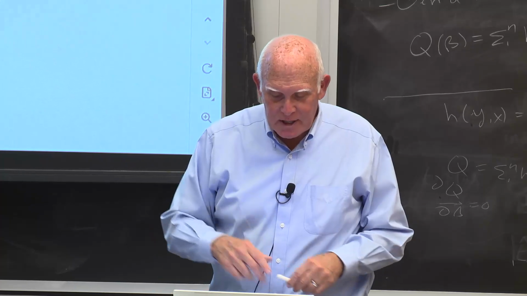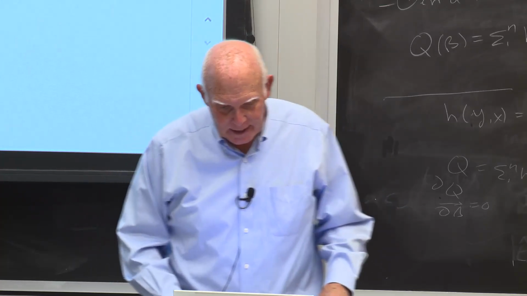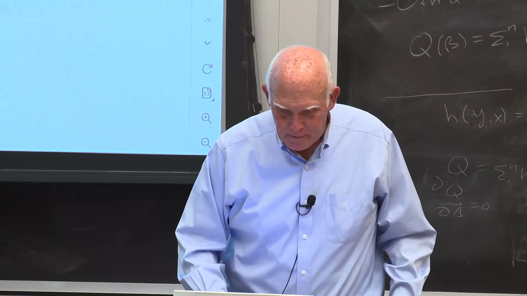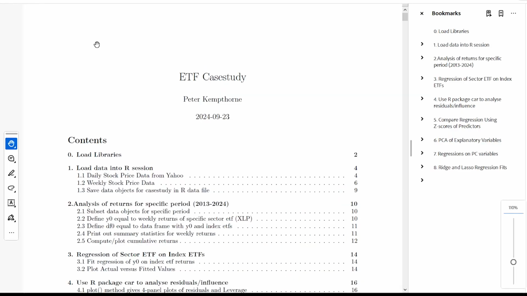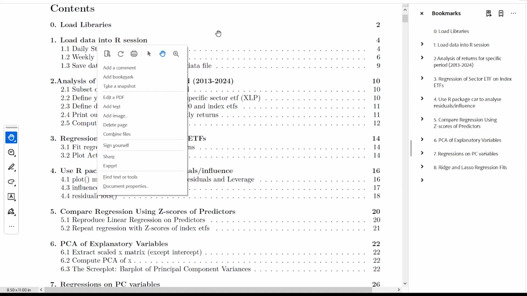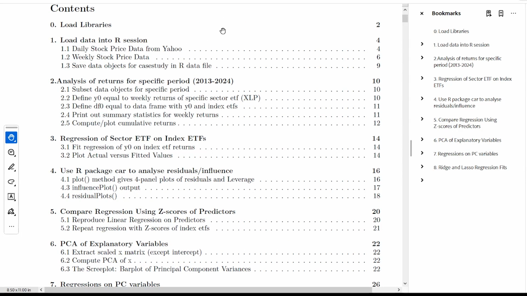Well, let's see. There's this ETF case study that I posted, which is a long document to sift through, but what's important is to look at the table of contents to see what's of interest.